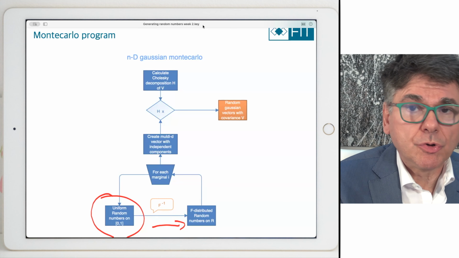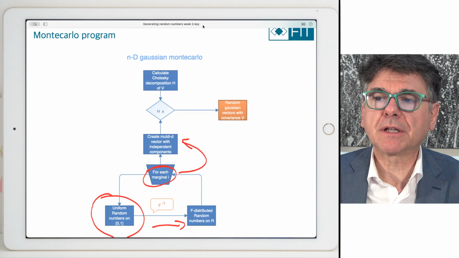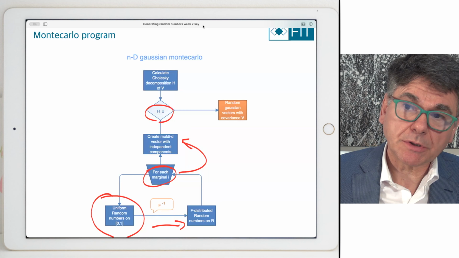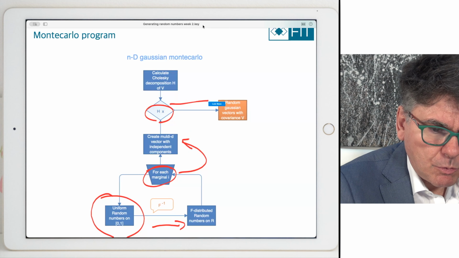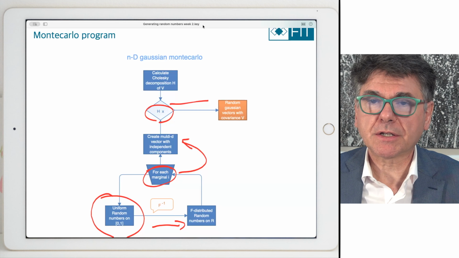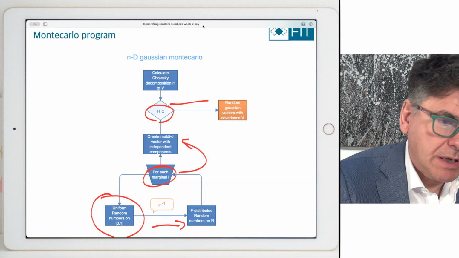You put them all together to create a multidimensional vector with independent components. You just line them up one after the other. Then you multiply this by the Cholesky decomposition, which you've calculated separately. The result will be a random Gaussian vector with the given covariance matrix. This algorithm will give you exactly what we are looking for. That's how you do Gaussian Monte Carlo.